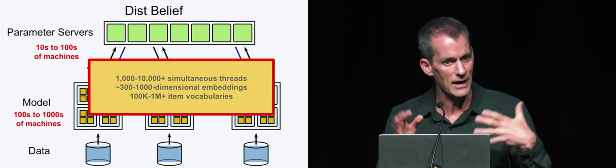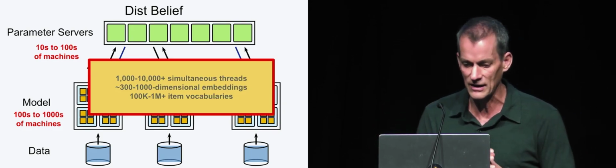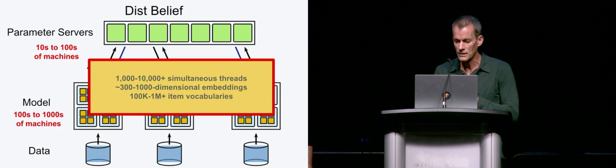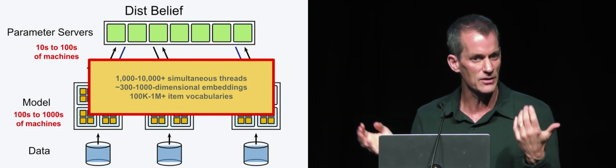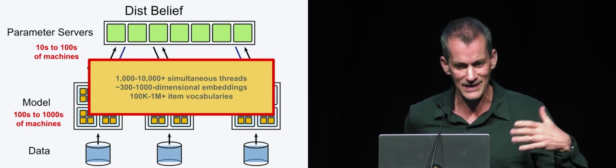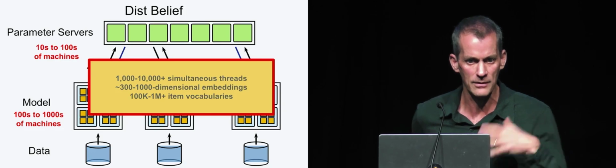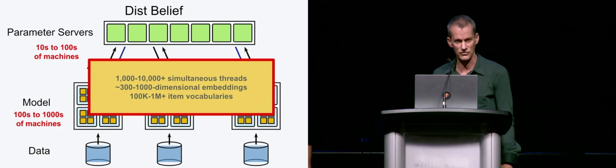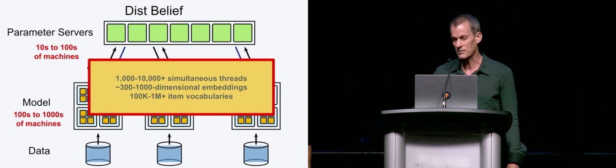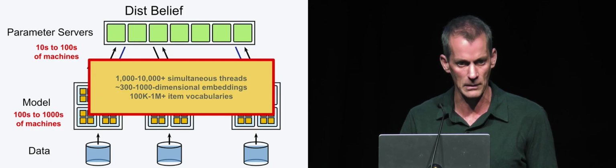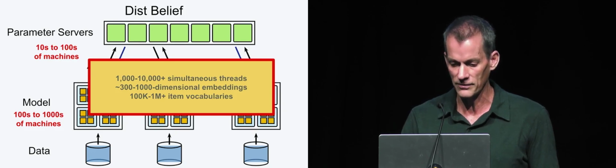And so that really meant you had 1,000 to 10,000 simultaneous threads updating the model for the word embedding work. And we were using 300 to 1,000 dimensional embeddings for a lot of things, 100K to million item vocabularies and even beyond for a lot of internal uses. It turns out you can make vocabularies out of lots of things, not just words, but particular videos that people have watched or all kinds of things, and use similar approaches to language modeling.